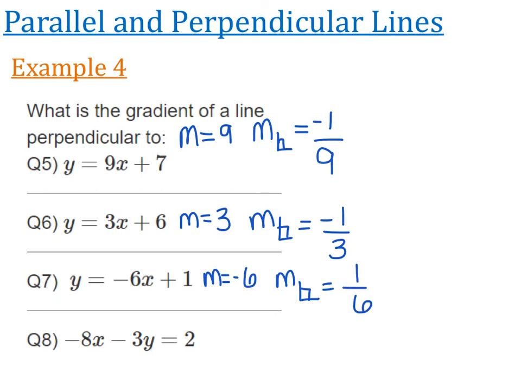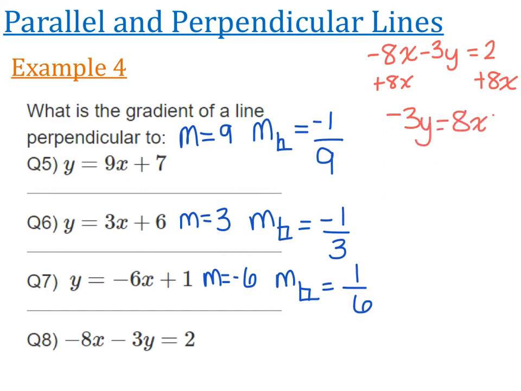All right, now this last question is definitely a tricky question. The first thing we have to do is rearrange it. So we've got minus 8x minus 3y is equal to 2. I can start by adding 8x to both sides. I have minus 3y is equal to 8x plus 2.